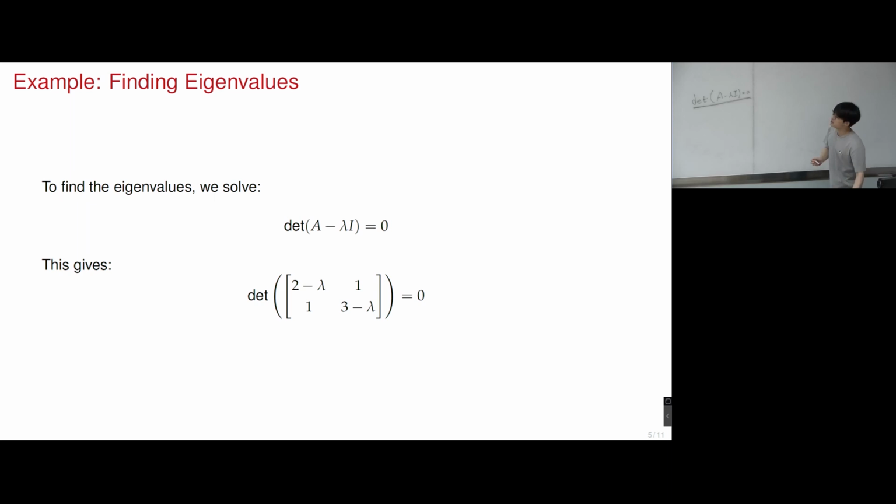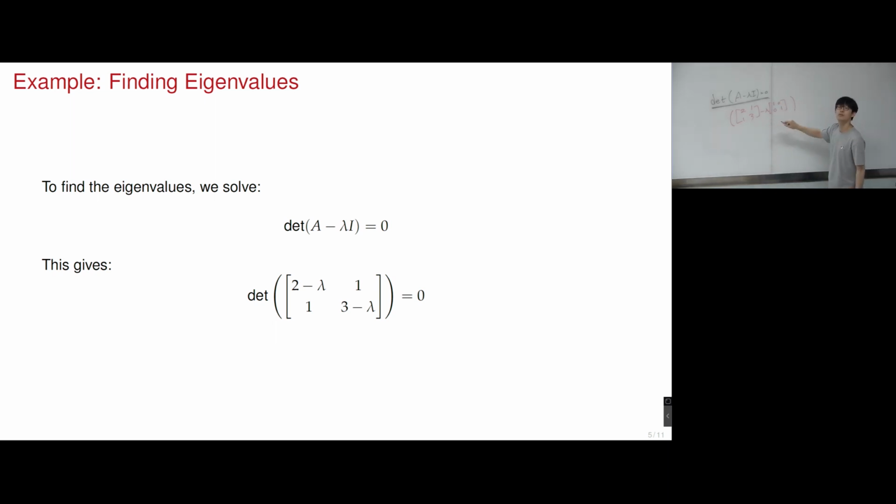So we're solving for A minus lambda I, and we know that A is basically 2, 1, 1, 3, right? And we subtract the identity, where the identity matrix for a 2 by 2 matrix is this, right?